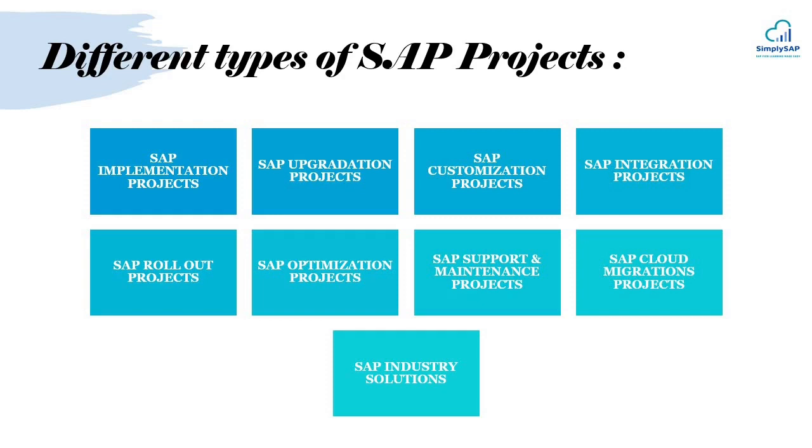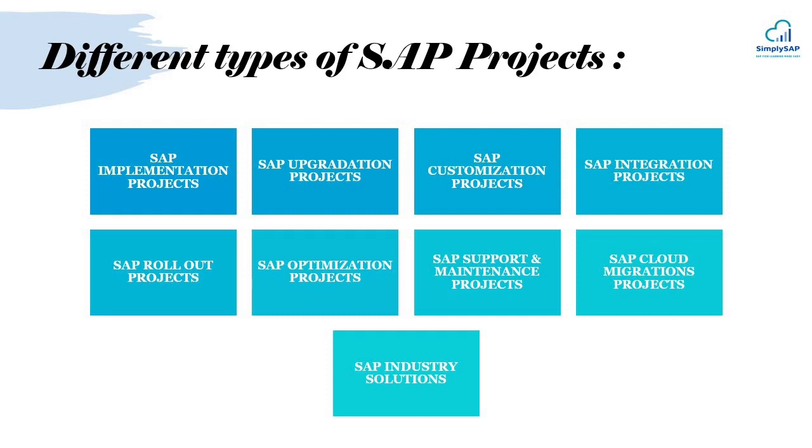The next one is SAP optimization projects. Optimization projects aim to improve the efficiency, performance, and usability of existing SAP systems. This can involve fine-tuning configurations, streamlining processes, and implementing best practices.